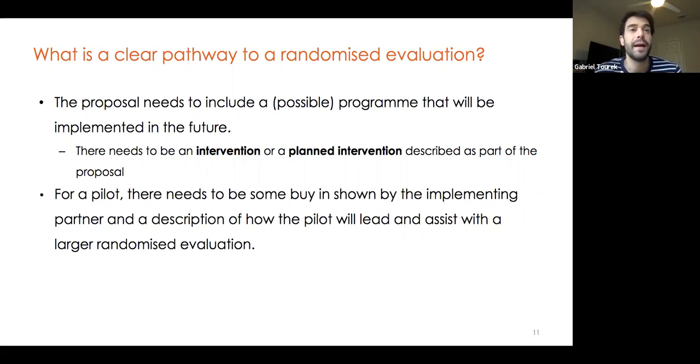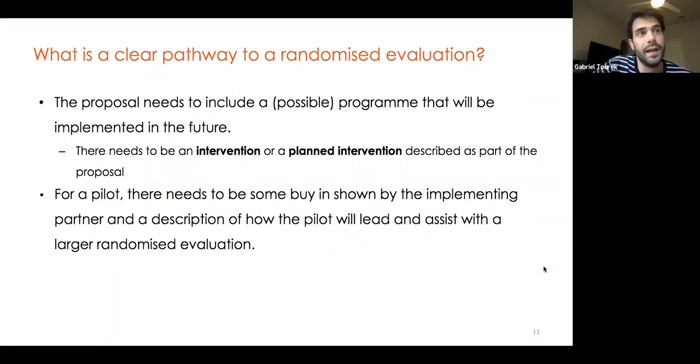So if you're at the pilot stage, just collecting information about a particular question, trying to understand the context and engage partners in conducting a pilot to see whether at a first pass, some intervention appears to have positive or negative effects, or just to identify what the impact of this intervention looks like before running a larger randomized evaluation, you want to find a partner or a situation in which the intervention that you want to evaluate could be scaled up to a larger RCT.